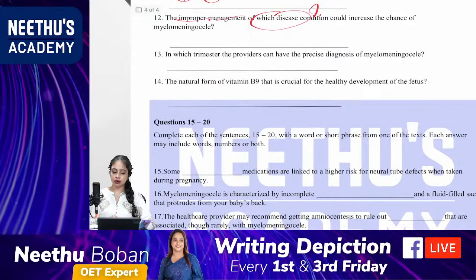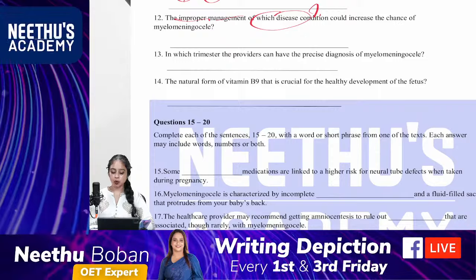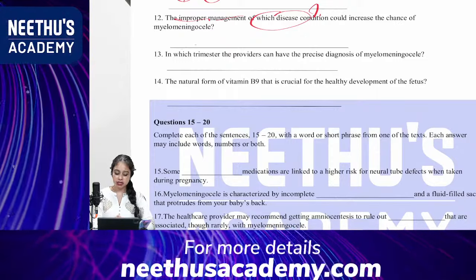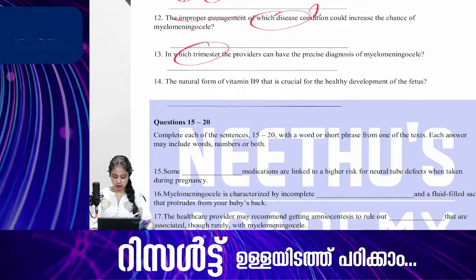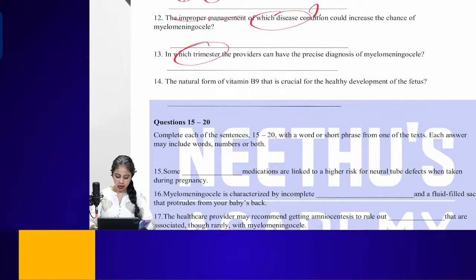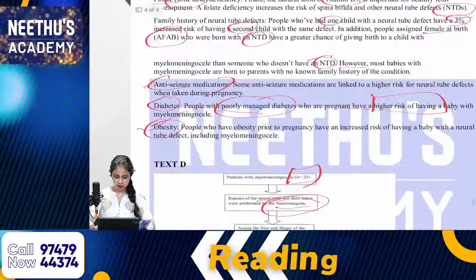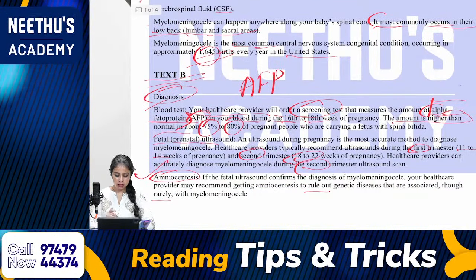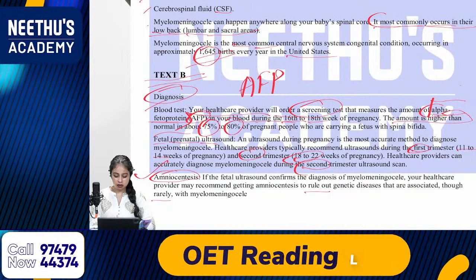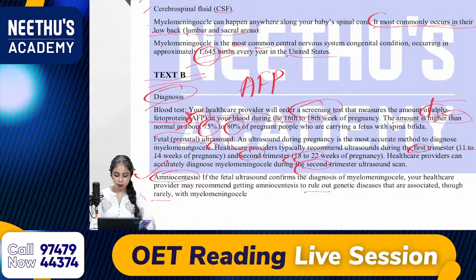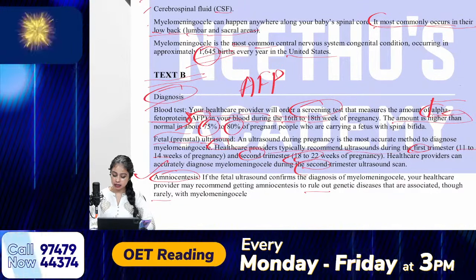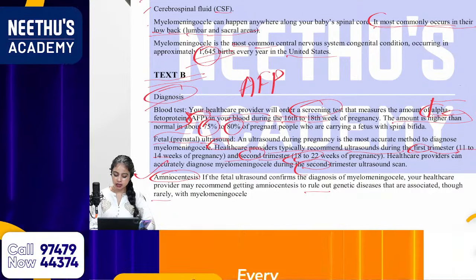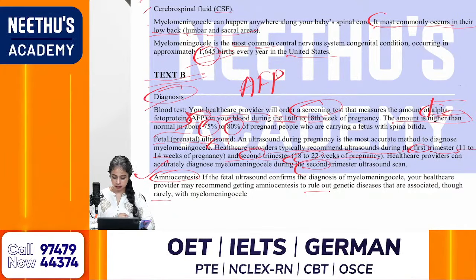Then 13th one, in which trimester the providers can have the precise diagnosis of myelomeningocele. So we need which trimester. Answer should be from, again, text B. See, healthcare providers typically recommend ultrasounds during the first trimester and second trimester, 18 to 28 weeks of pregnancy.